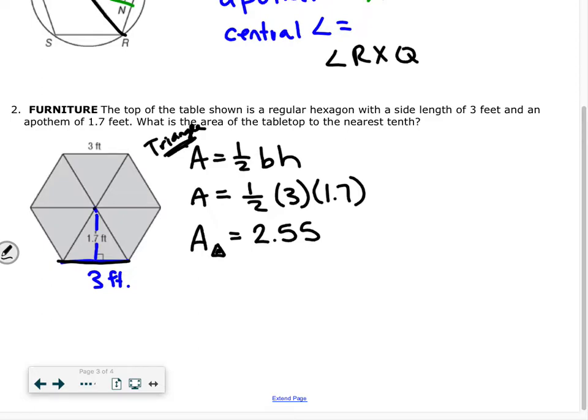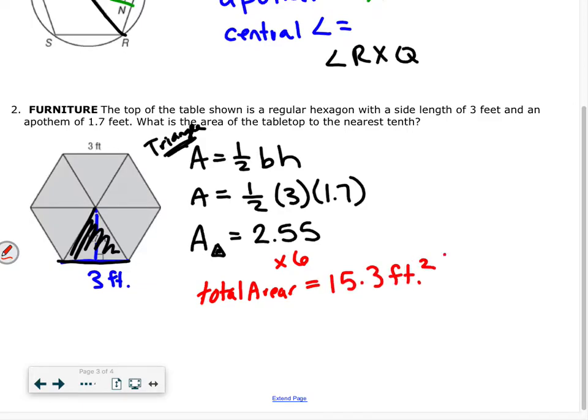So that's the area of that triangle. We have 6 of them, so the total area is going to be that number times 6, which will give us about 15.3 feet squared when we round that. So that's the total area.